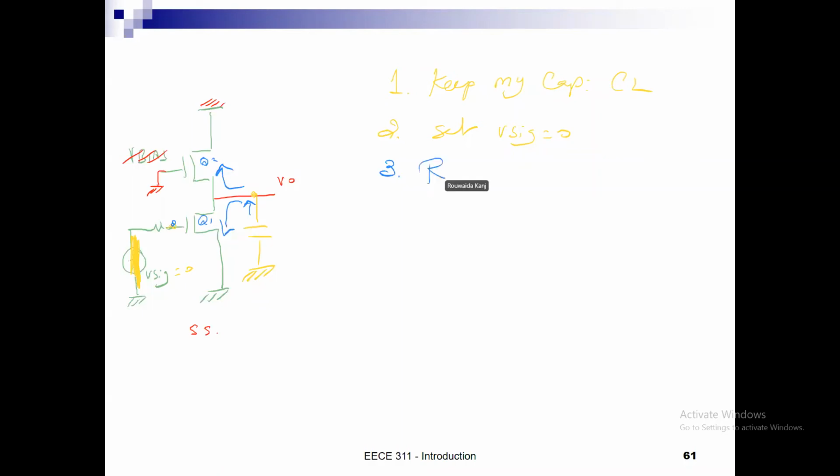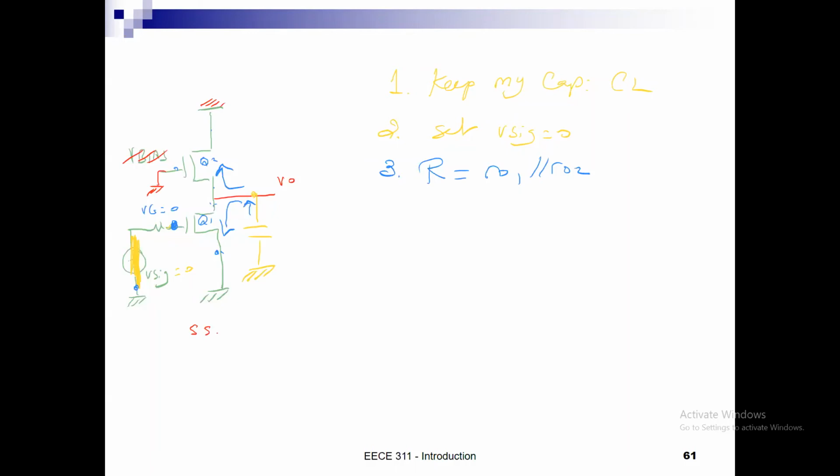So this will see RO1 parallel to RO2, right? Because there is no signal, VG equals 0, and this is 0 and 0 looking from the drain. Okay, so this is how we will handle this example.